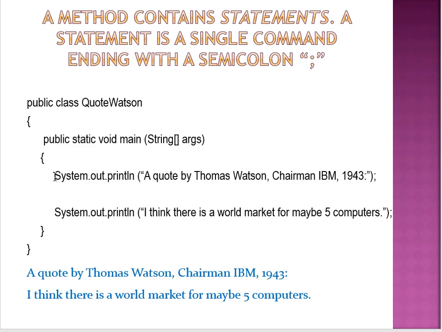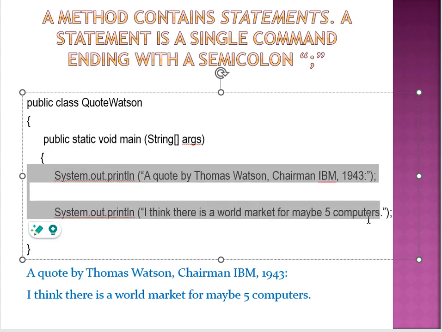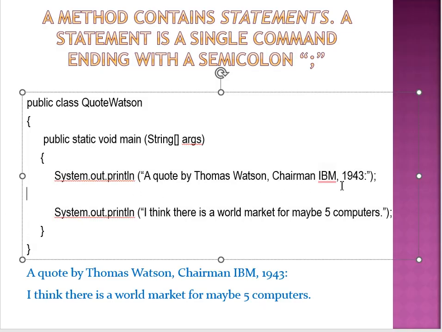This main method has two statements in it, and notice that at the end of each statement is a semicolon. This is the statement delimiter, so you don't forget the semicolon. It ends a statement in Java.